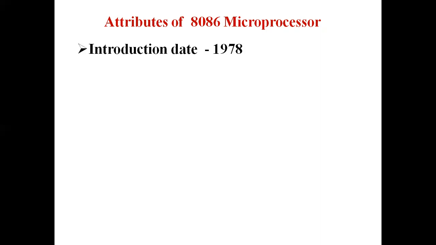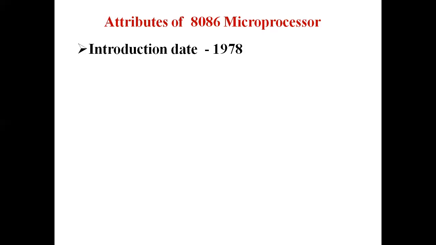The first attribute is the introduction date, which is 1978. The microprocessor was introduced by Intel in 1978. Intel is an American multinational company that introduced the 8086 microprocessor. It was followed by the 8088 within a few months.